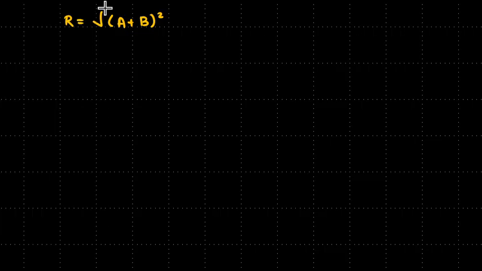This is a very recognizable formula. So now the square root and the square will cancel out, which will leave us with R equals a plus b. So this is the maximum value.